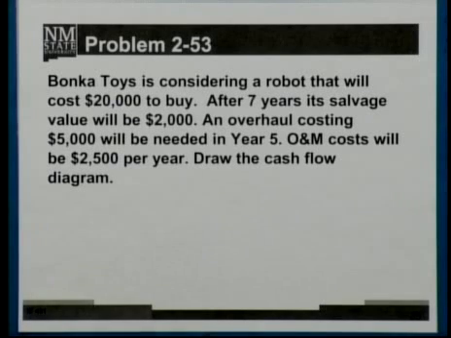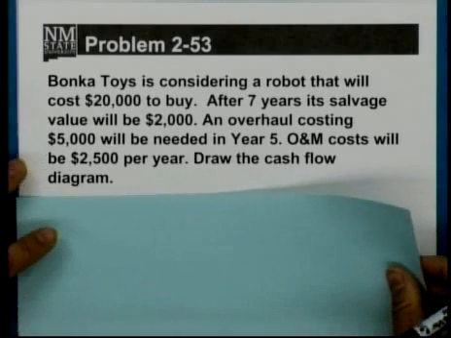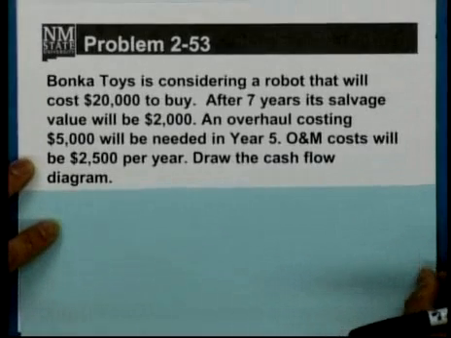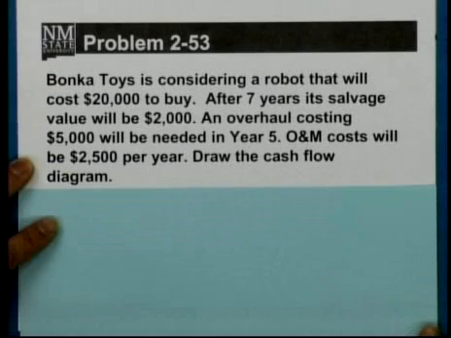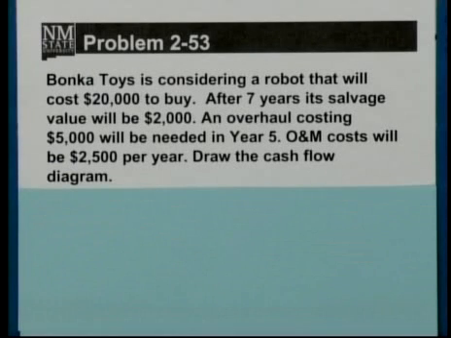Again, you are required to draw the cash flow diagram in this case. You can draw the cash flow diagram directly, but let's construct a table of cash flow first, and then based on that, we can draw the cash flow diagram. Okay?